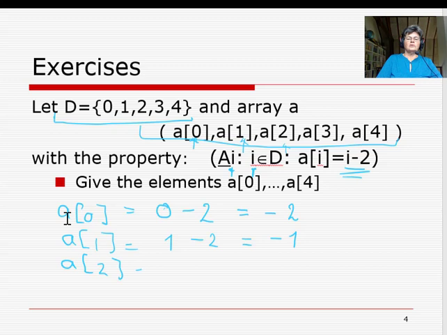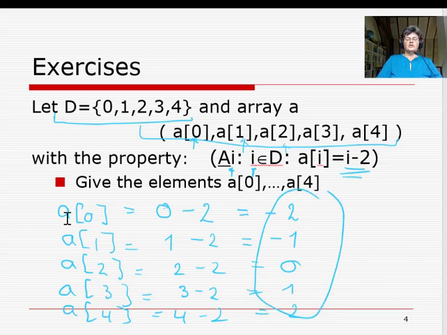A2 will give us 2 minus 2, being 0. A3 would be 3 minus 2, would be 1, and A4 would be 4 minus 2, being 2. So we have a nice regular series starting with minus 2 and then incremented with 1 for every new index. Okay, then let's have a look at the questions.